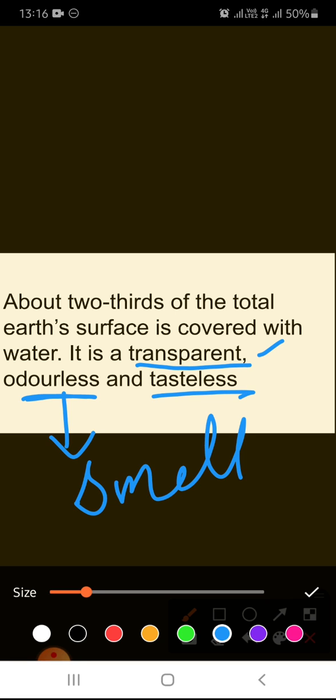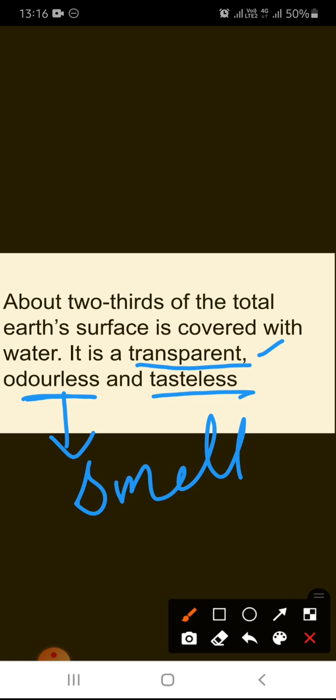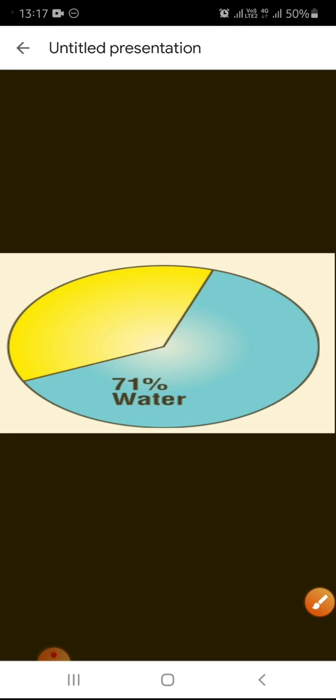Water does not have any taste. When we add salt to it, it tastes salty. When we add sugar to it, it tastes sweet. So we can say water is transparent, odorless and tasteless.